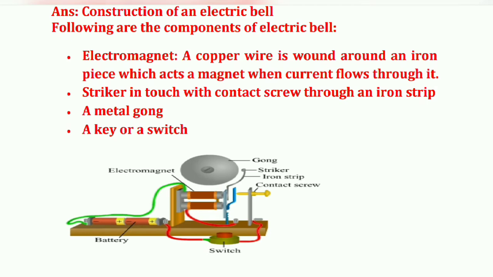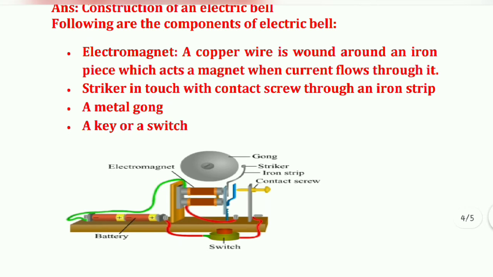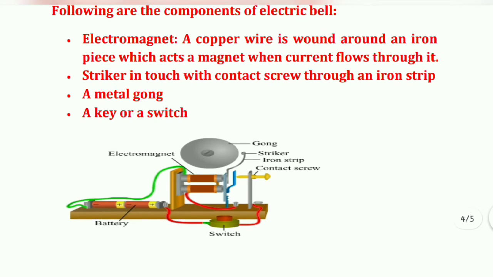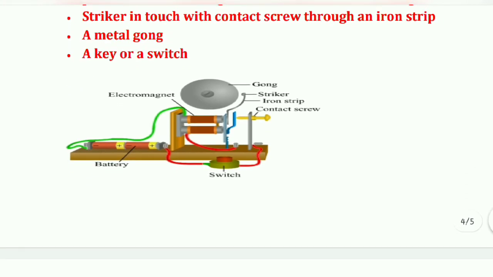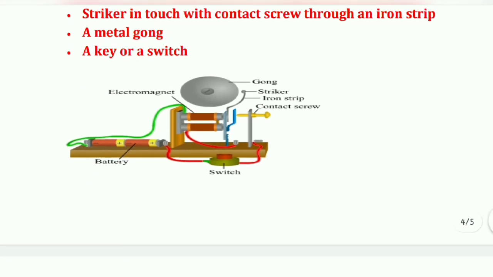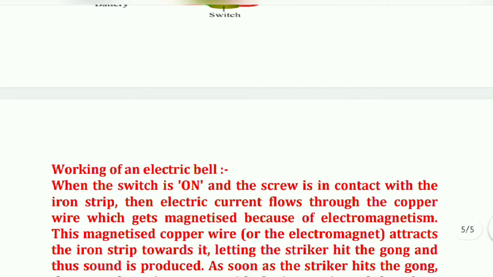A copper wire is wound around an iron piece which acts as a magnet when current flows through it. Then a striker in touch with a contact screw through an iron strip. Then a metal gong, a key or a switch. Okay, you can see the images here and draw as it is.